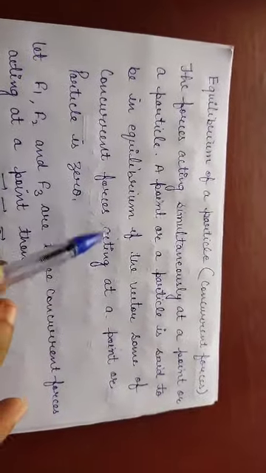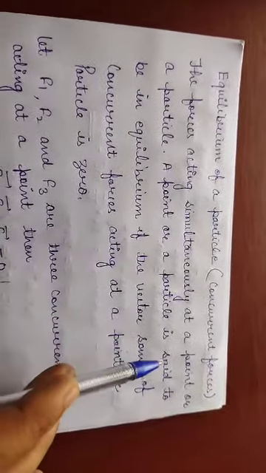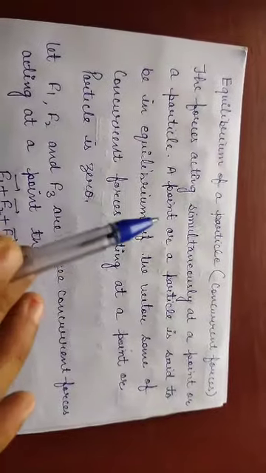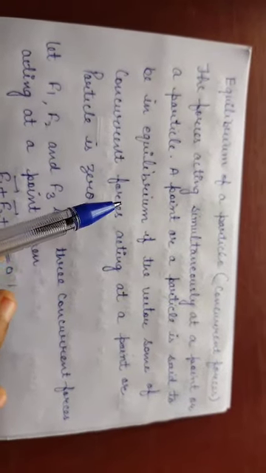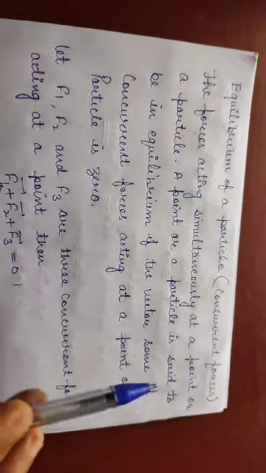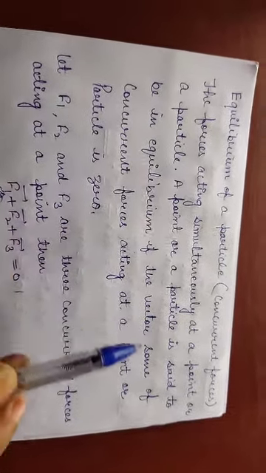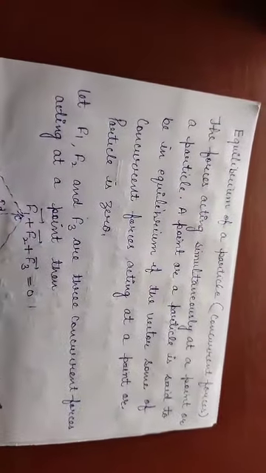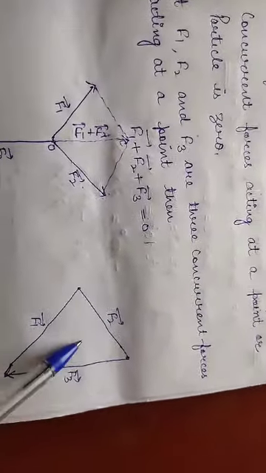That is, forces acting simultaneously at a point or a particle, and the point or particle is said to be in equilibrium if and only if the vector sum of the concurrent forces acting at the point is 0. So we have taken the example here. You can take this example also.